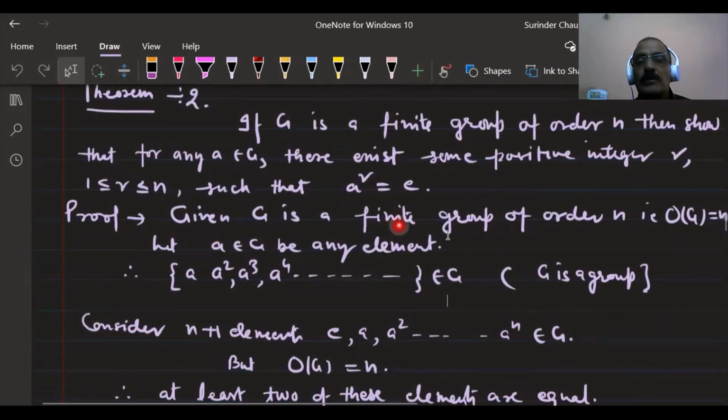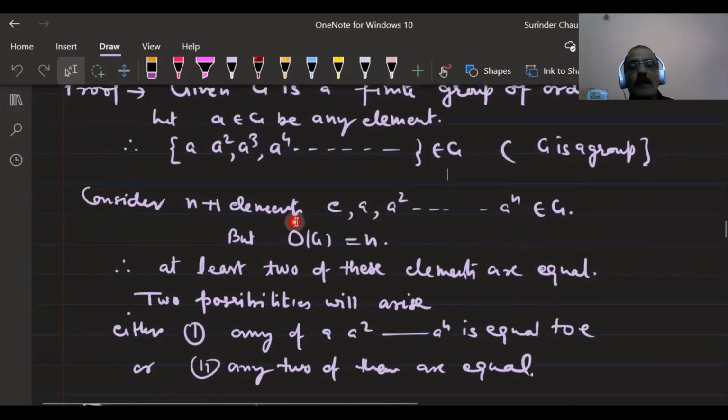Given: let G be a finite group of order n, and let A belong to G be any element. Now G is a group, so by the closure property, A, A times A, A squared, and so on all belong to G. Now out of these infinite elements, let us consider n plus 1 elements.